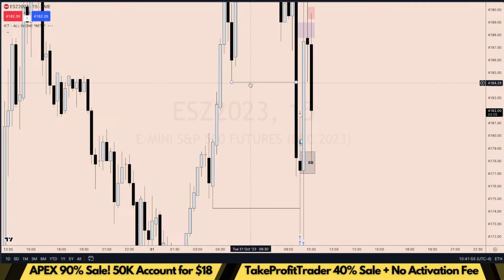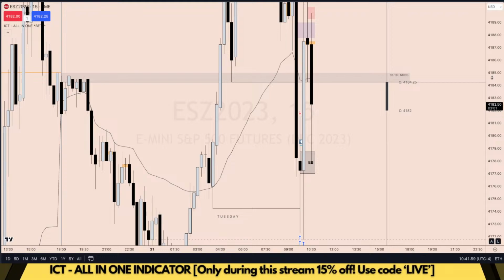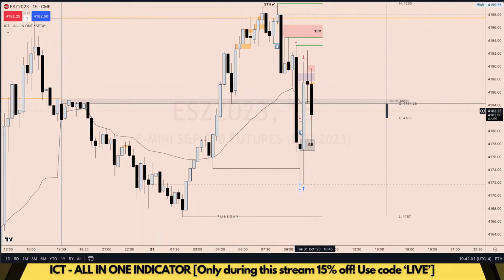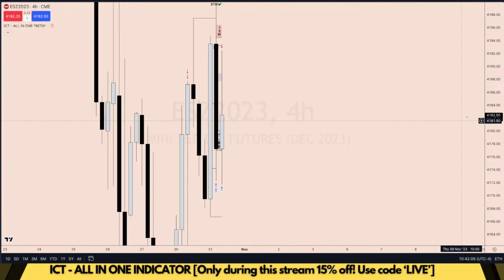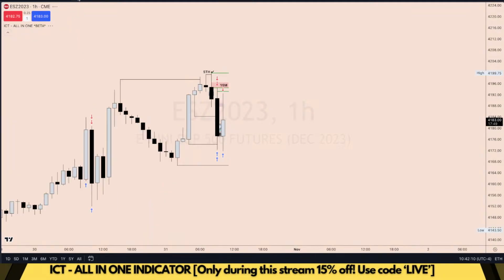Let's make sure we don't get carried away from the lower time frame. We're inside the 15-minute bullish fair value gap right here. 4-hour time frame, not really telling us much, or not giving away too much. 1-hour time frame.